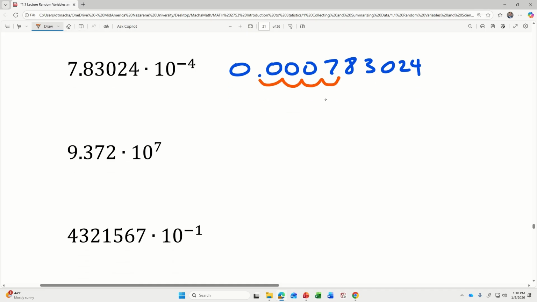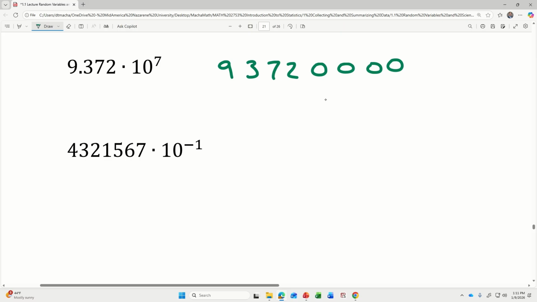Okay, 9.372 times 10 to the 7th. This is going to be 9,372, and how many zeros out here? 4. Because I've got 10 to the 7th power, 3 gets eaten up by the 372, and then 4 more zeros make 7.